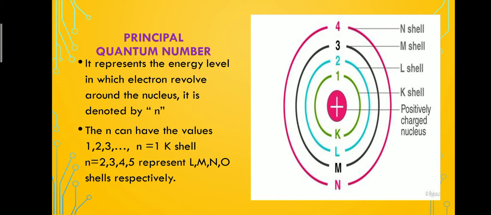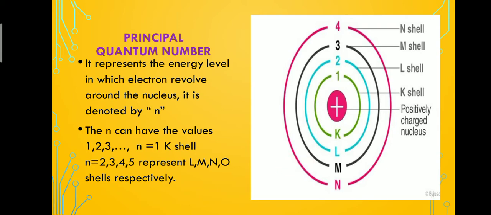Look at this picture. If n is equal to 1, that is the first shell, the K shell, and if n is equal to 2, the next one is the L shell, n is equal to 3, M shell, n is equal to 4, N shell.